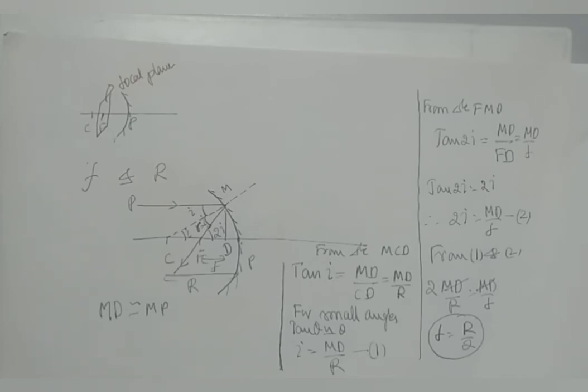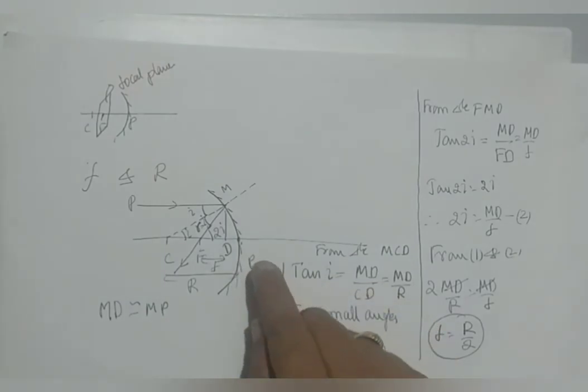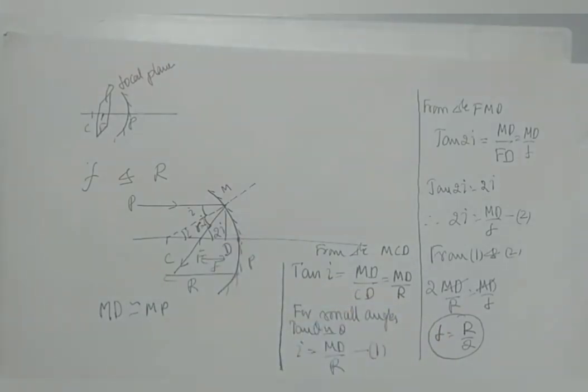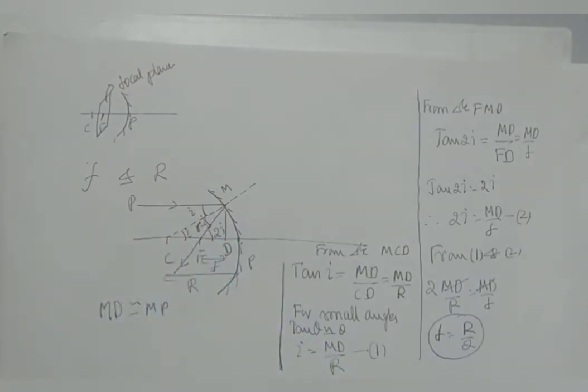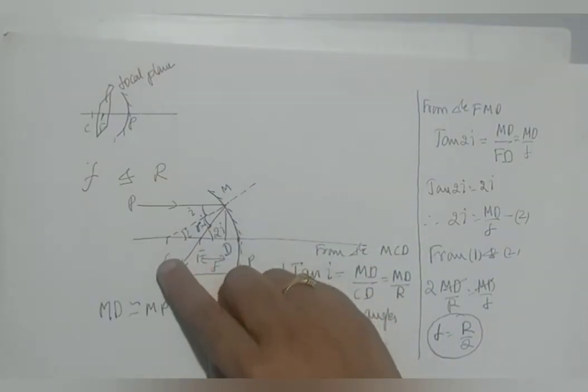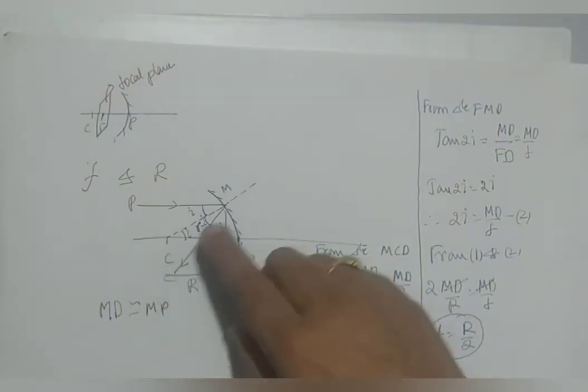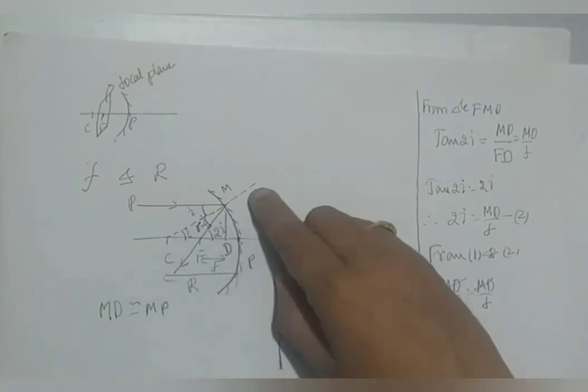Let me tell you, in the first step to write the figure, first you write the mirror, as I have written, concave mirror, and show an incident beam PM from the left side falling at M, then draw a normal, that is a line from center of curvature passing through M in this dotted line.